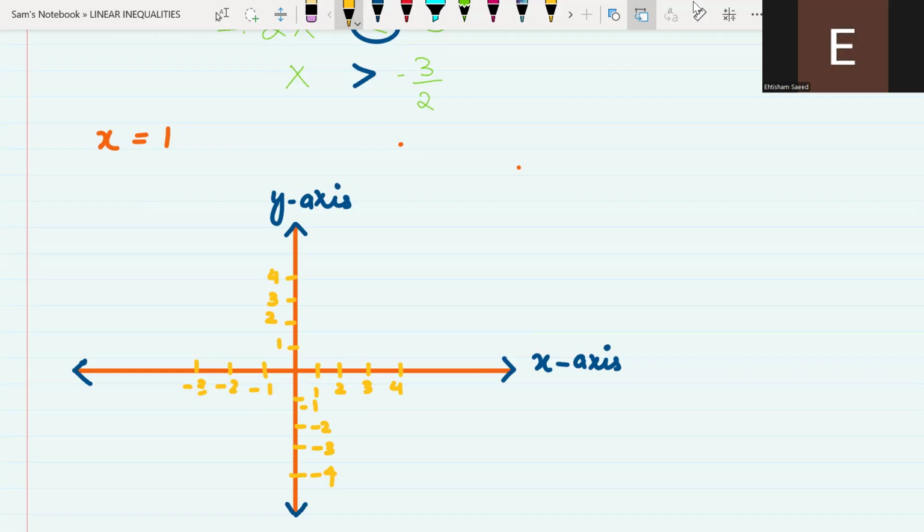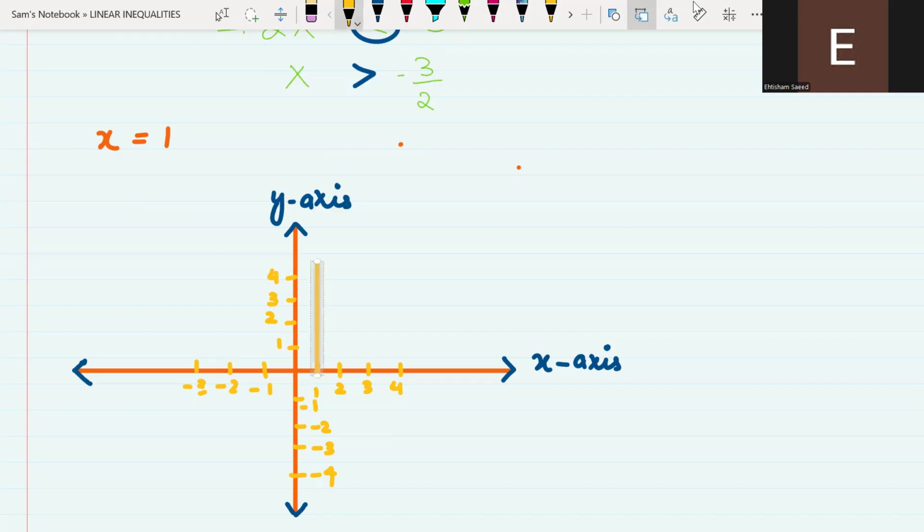If we have to draw x is equal to 1, where are we going to draw? If you see, x is equal to 1 is this point. This is the point where x is equal to 1.